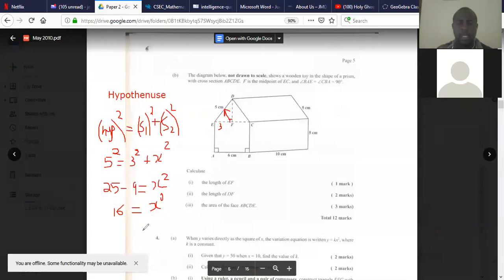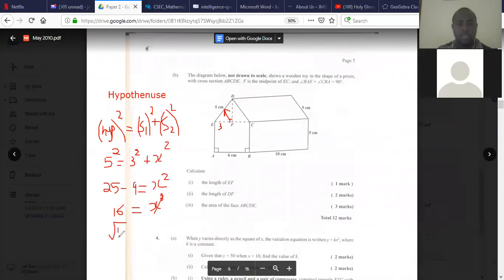So we basically don't need x squared, what we need is x. Essentially, we find the square root of 16, which will be the value of x, and that will be the length of DF according to Pythagoras' theorem. So DF is equal to 4. Root 16 is 4. Okay, that's that.